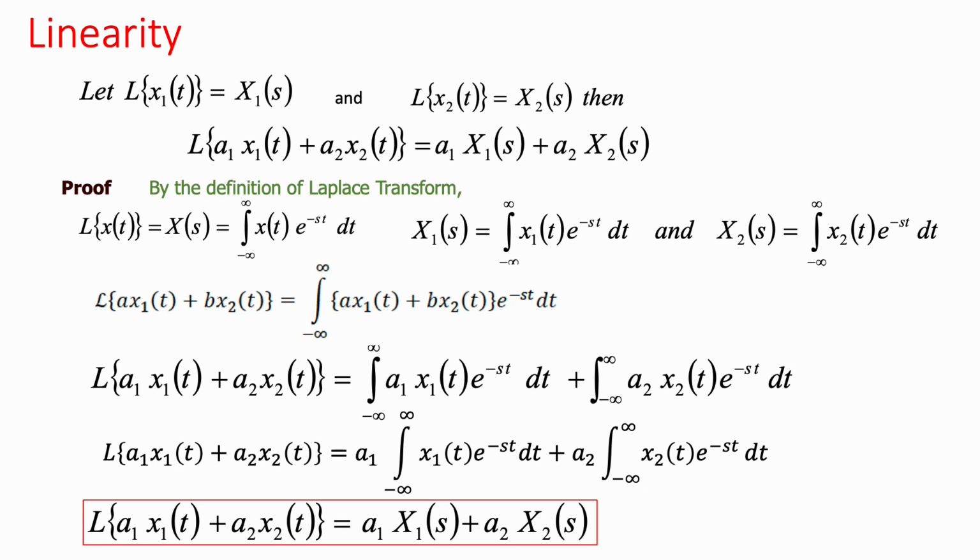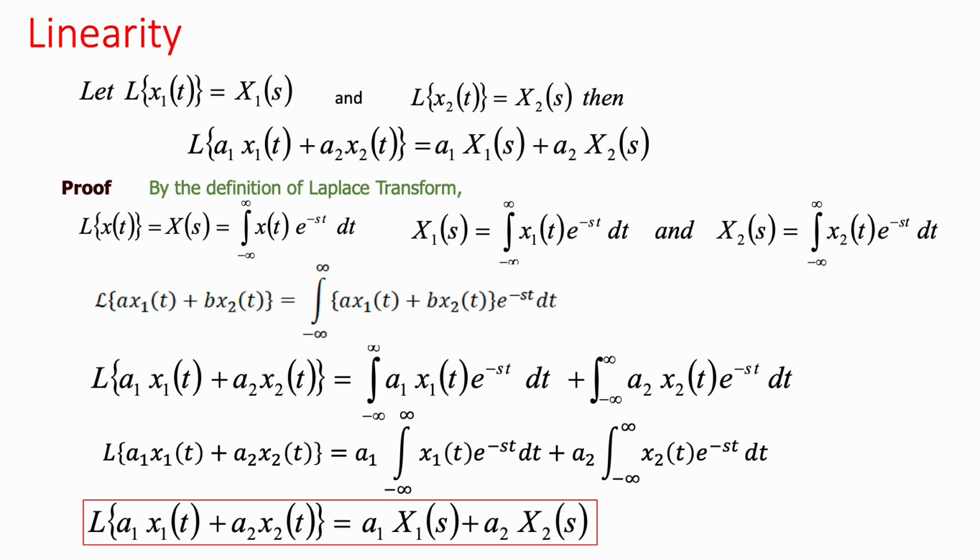The linearity property: here is the statement, and the proof also we have. Let the Laplace transform of x1 of t be x1 of s. We all know that. And take another signal, Laplace transform of x2 of t is equal to x2 of s. Two signals we have considered here.